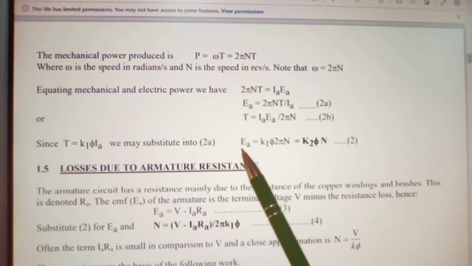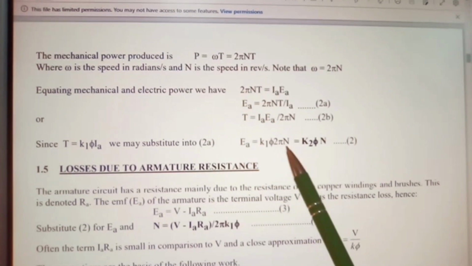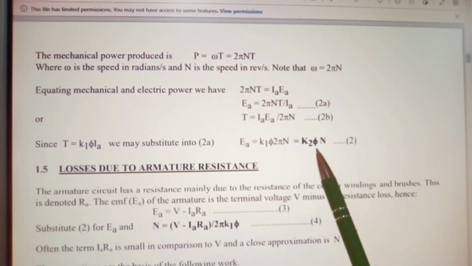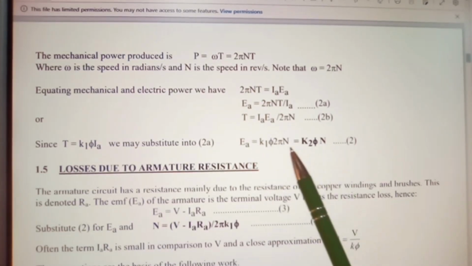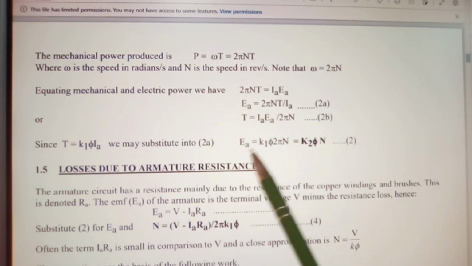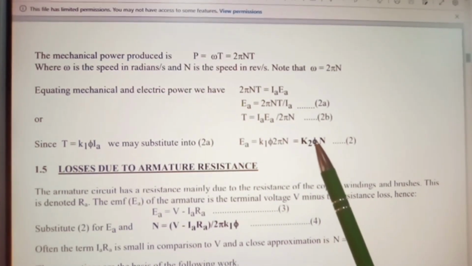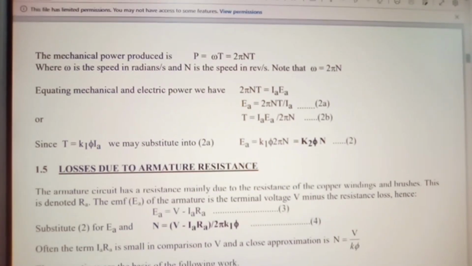By substitution, EA equals K1 theta 2 pi n equals K2 theta n. Now, make sure that you can calculate and compose your equation so that you arrive at this value here. I'm not going to do that for you. You should now be able to do that for yourselves.